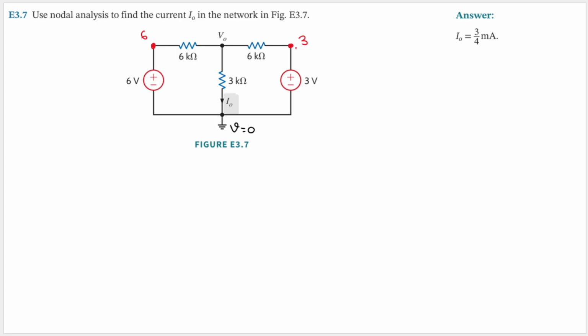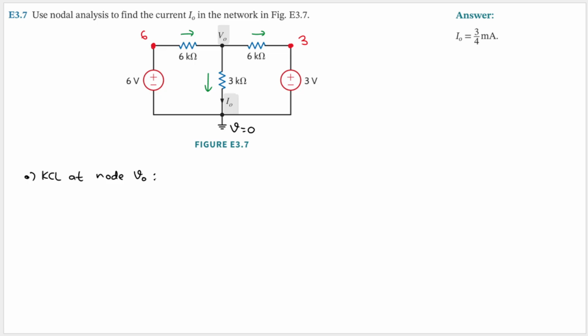Now let's assume the direction of the current. I just assume the horizontal branch is going to the right, and the vertical branch is going down. Here we can apply KCL at V0. Let's write that first. KCL at node V0.